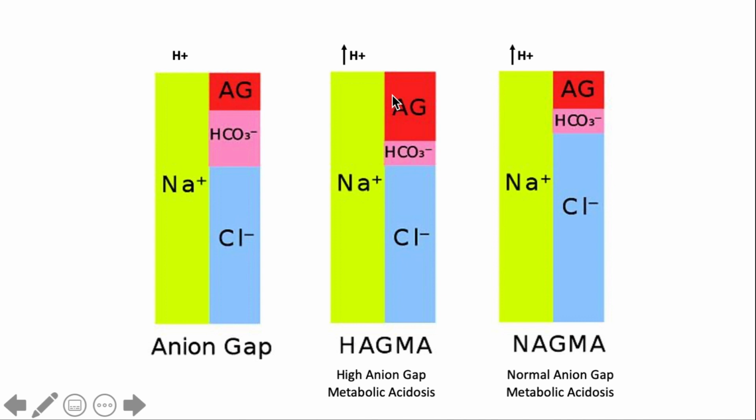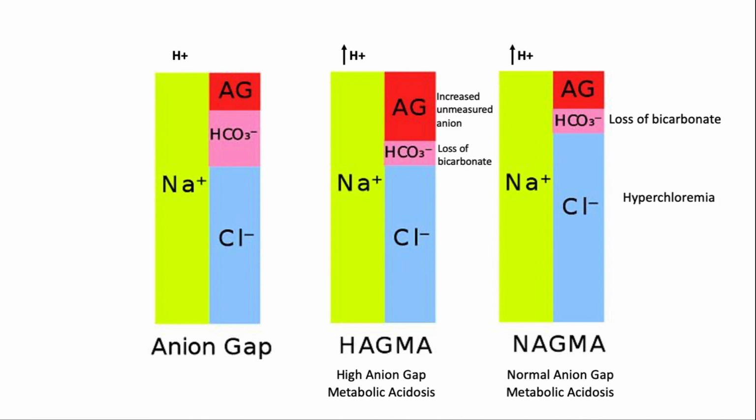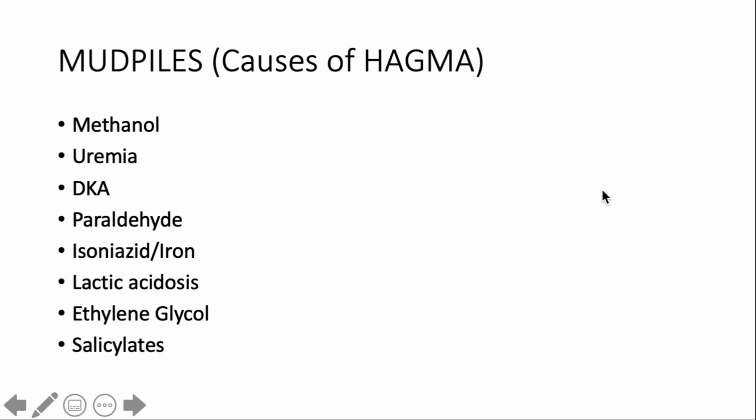We'll talk about that on the next slide. But usually chloride doesn't increase, it stays about the same, even though bicarbonate is decreasing. So something else has to make up for it. So this is a high anion gap metabolic acidosis versus a normal anion gap metabolic acidosis. Like I said, there's loss of bicarbonate in both, but either there's an increase in the unmeasured anions or hyperchloremia.